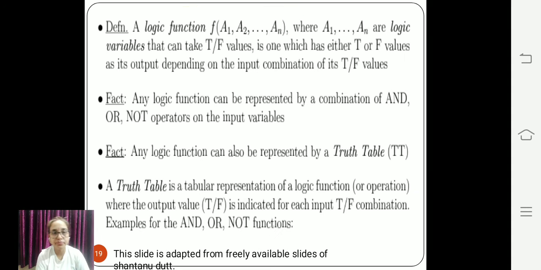Okay. Then the definition of a logic function. A logic function may be considered as a function of A1, A2, A3, dot dot dot An, where A1, A2, A3 up to An are logic variables that can be true or false. It has either true or false values as its output, depending on the combination of its input true or false values.